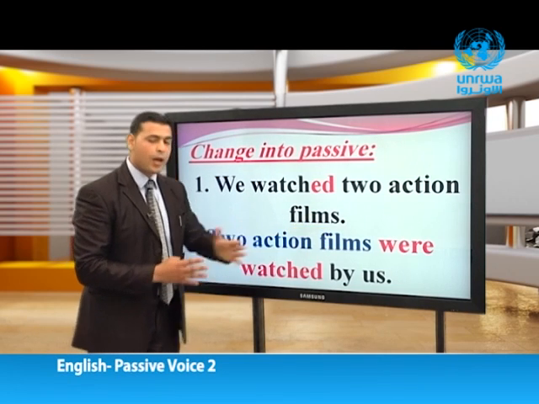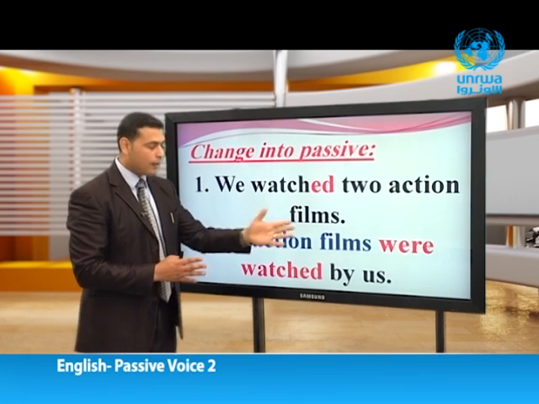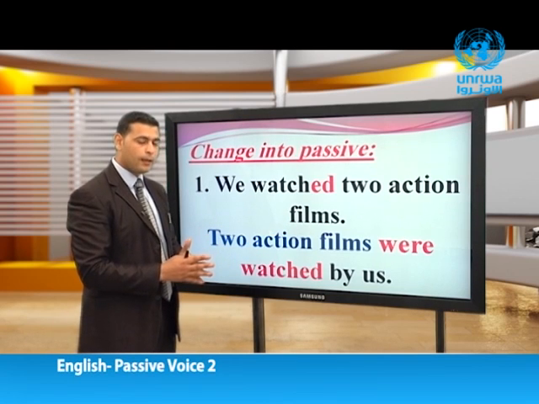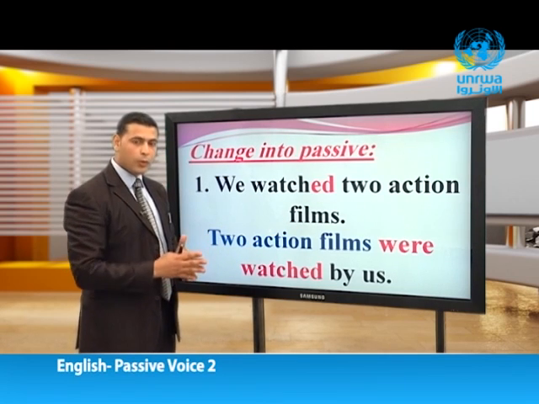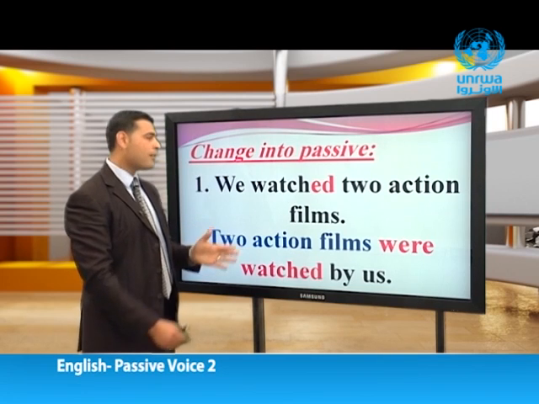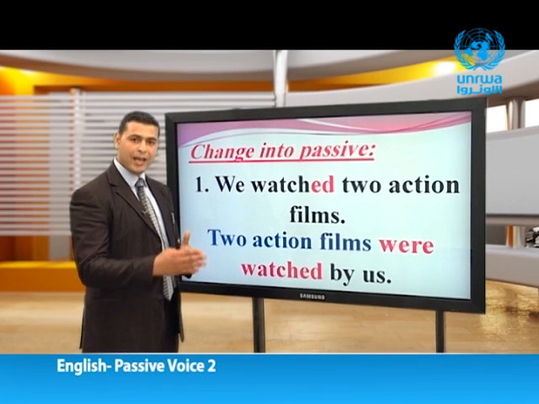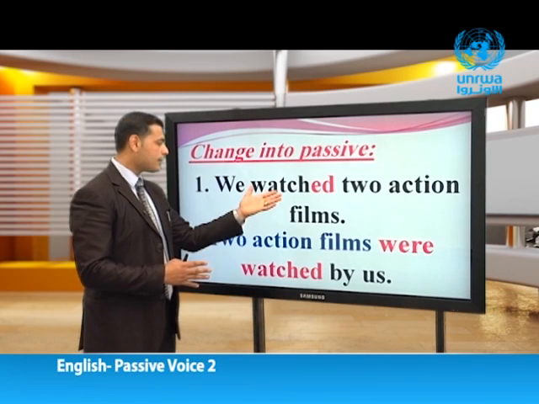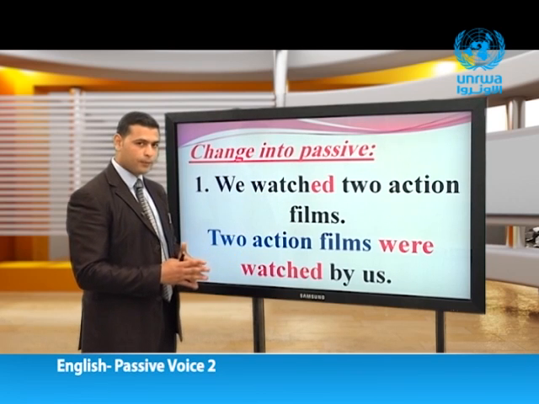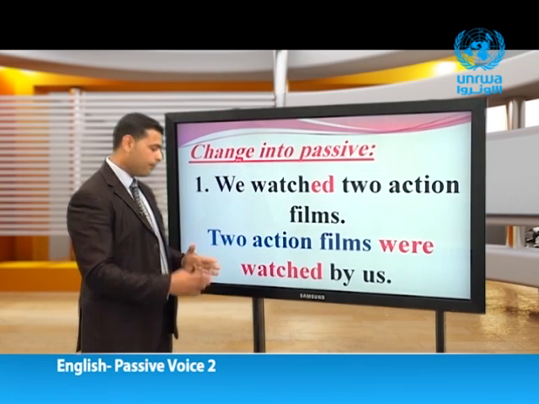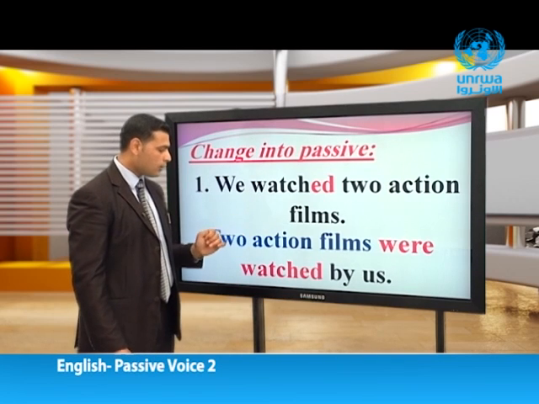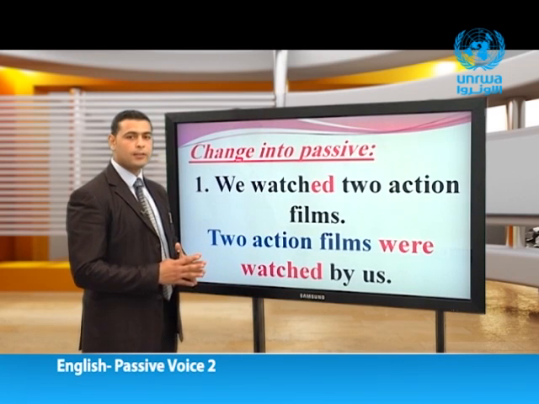It was were. And after the helping verb, we need the past participle of the main verb. Let's read the sentence for the last time. Two action films were watched by us.